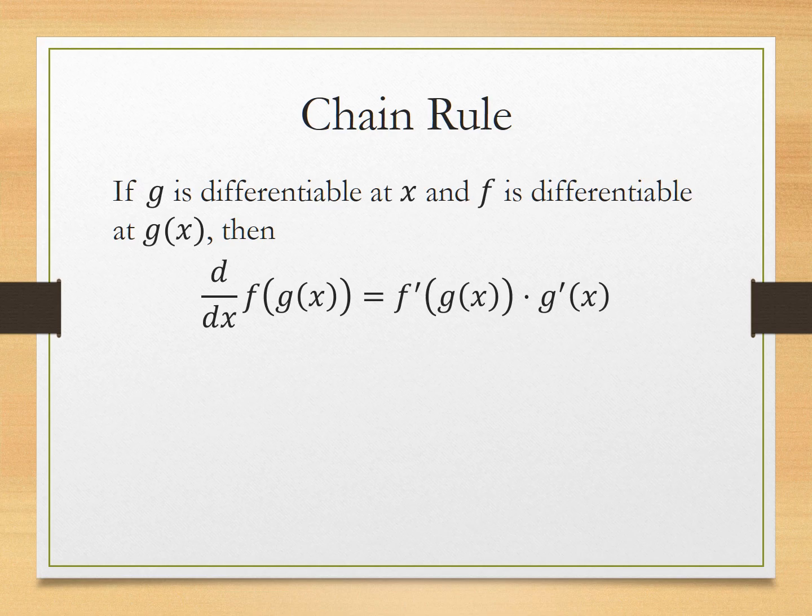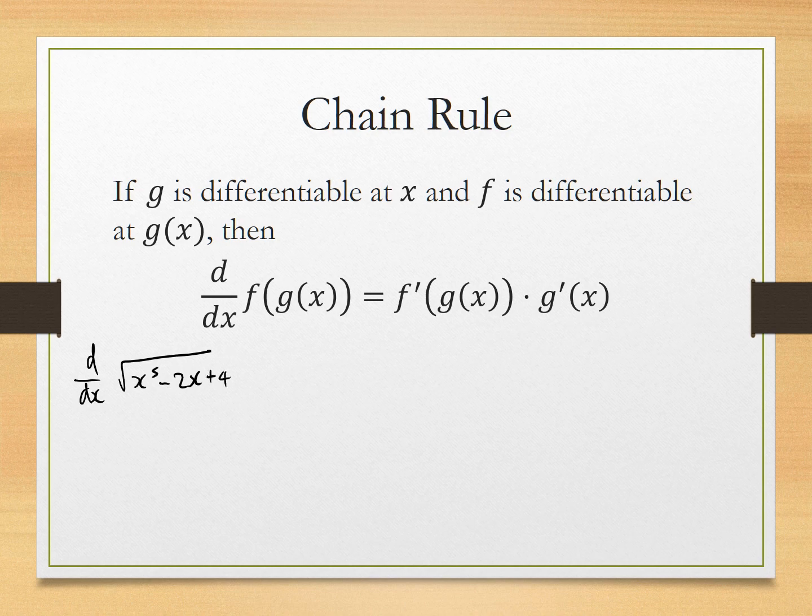Okay, so let's first see an example, because first seeing an example is probably going to make it easier to understand. How do you take the derivative of the square root of x to the power 5 minus 2x plus 4?